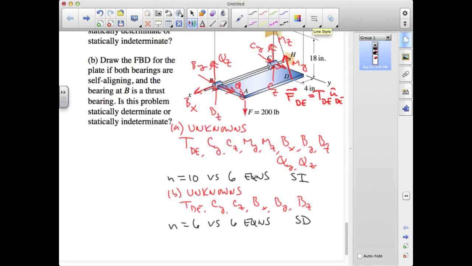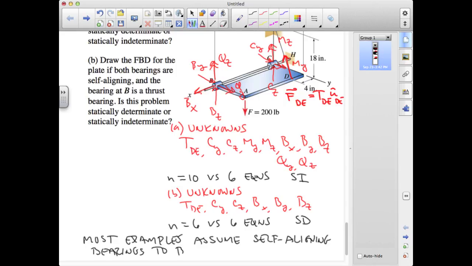So this should be statically determinate. For this reason, if we want to solve problems in statics, most of the time we're going to find that our examples assume self-aligning bearings so that these are statically determinate problems.